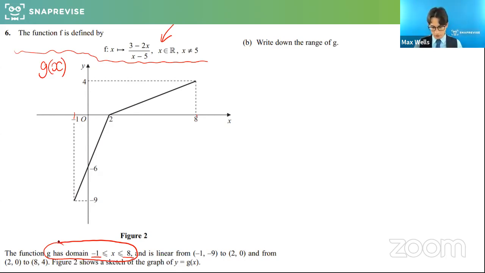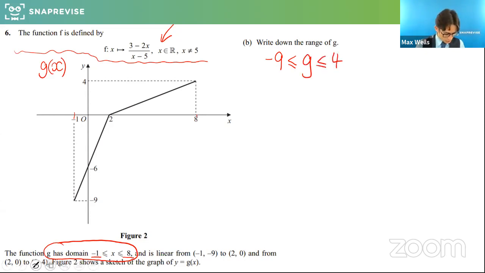Excellent, some suggestions coming in. What's the range of g? Yeah, absolutely, between -9 and 4. Cool. So -9 is less than or equal to g, and we write g, not y, because we're talking about this function we're calling g, less than or equal to 4.